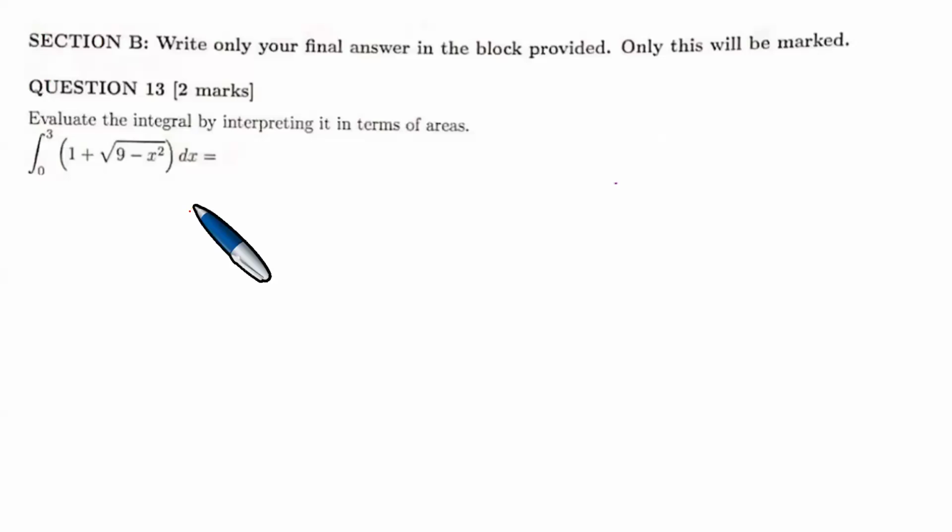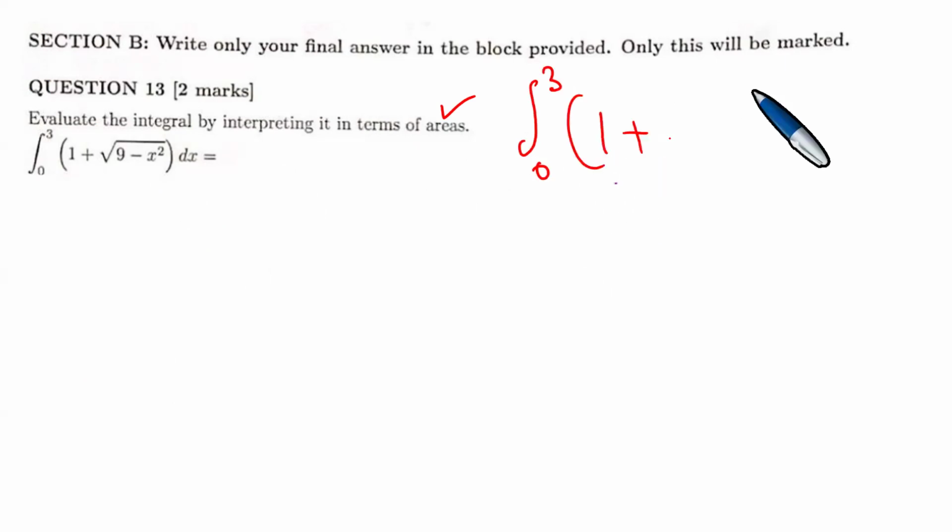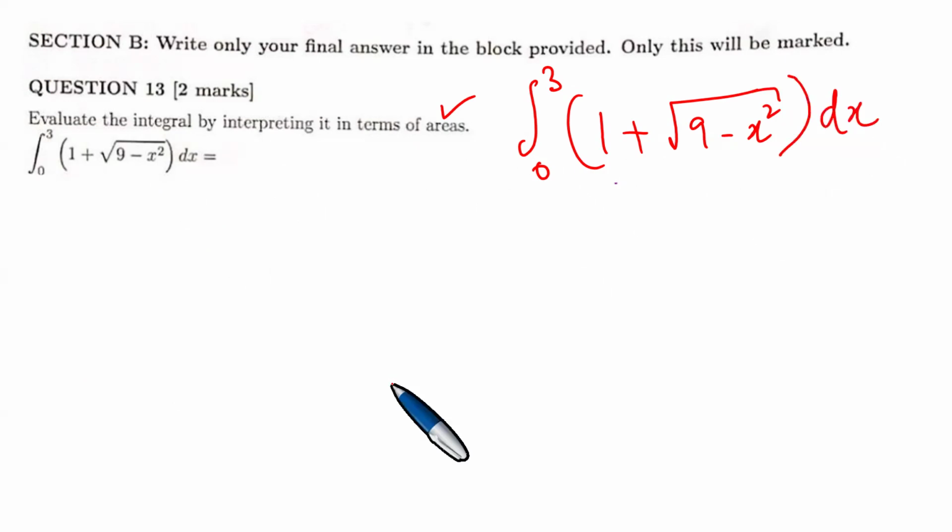In the next question, we have an integral to do. Evaluate the integral by interpreting it in terms of areas. We have the integral of 1 plus the square root of 9 minus x squared, dx. So the question becomes, what is this integral?